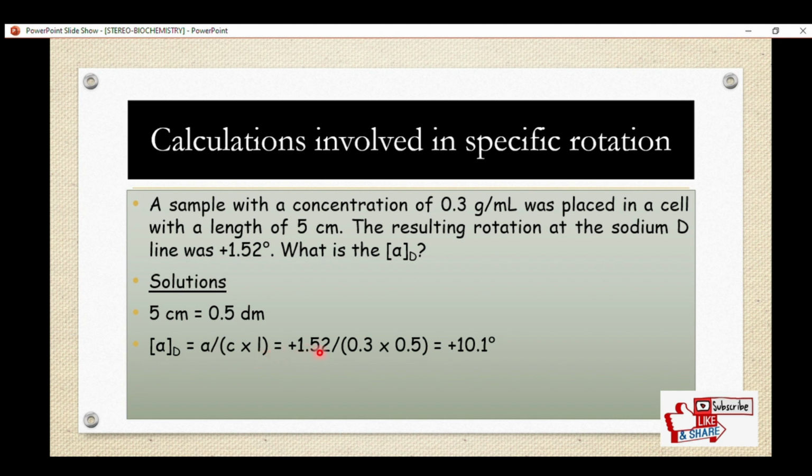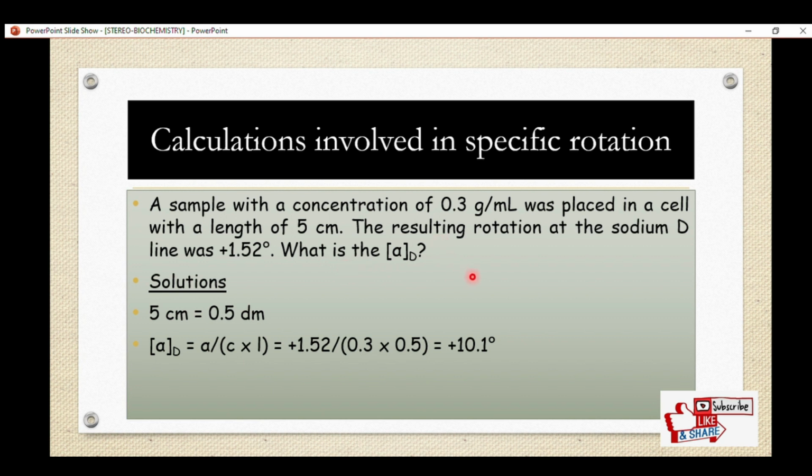The observed angle of rotation in the question was 1.52 degrees in the positive direction, divided by 0.3 times 0.5, and it's going to give us plus 10.1. So the specific rotation is 10.1 in the positive direction. This is how you can do some basic calculation in specific rotation.